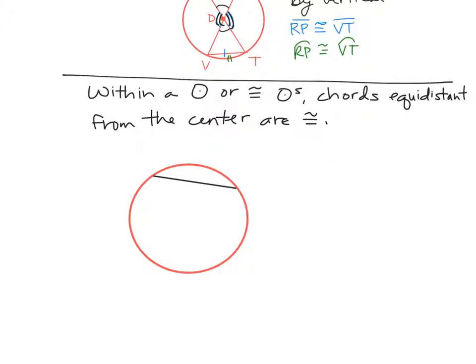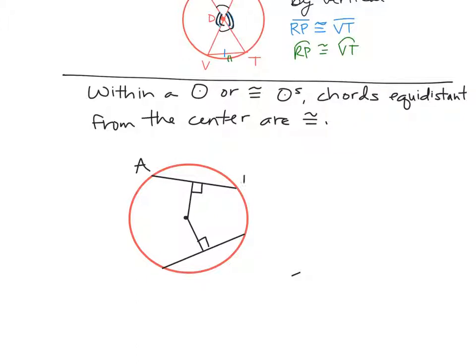So what they're saying is if I have two chords like this, and then the center of my circle, and I go perpendicular to them, this is a right angle, and this is a right angle.